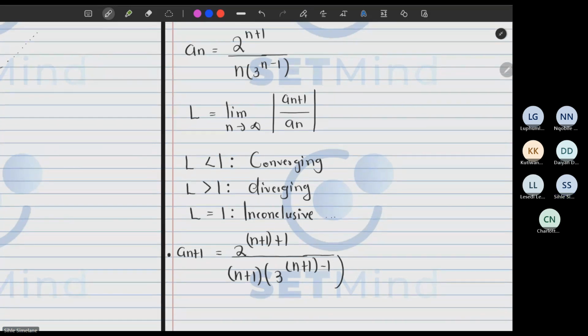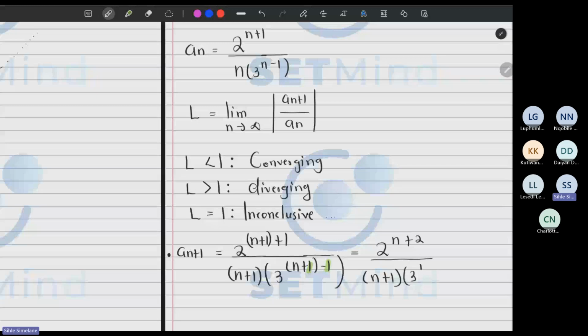Yeah, I'm following. Okay. So the numerator is 2 to the n plus 2, divided by n plus 1, multiplied by 3 to the power of n plus 1 minus 1. These will subtract to 0, so we're left with 3 to the n.